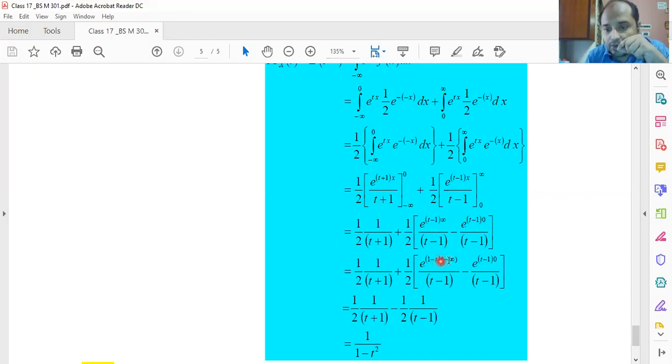If I do so, infinity will become minus infinity. I'm taking minus 1 outside, common. So now it becomes minus infinity, and instantly this e to the power minus infinity goes to the denominator and it vanishes. Therefore, I'm ultimately going to get half times 1 by t plus 1 minus half times 1 by t minus 1.